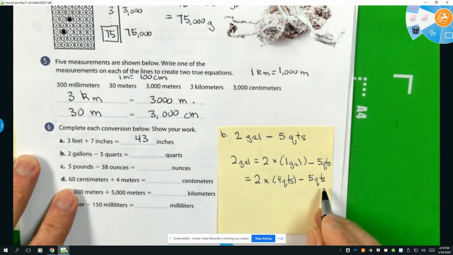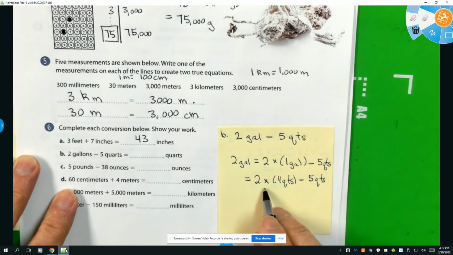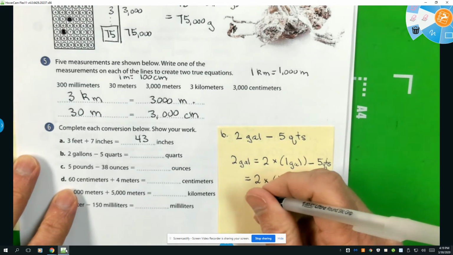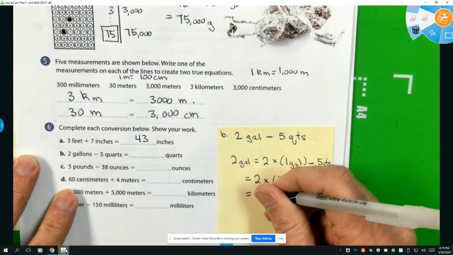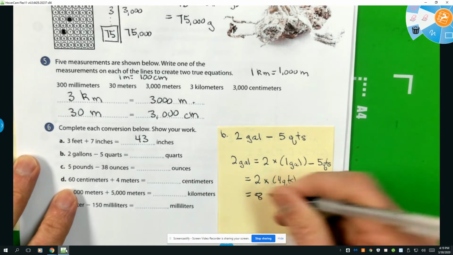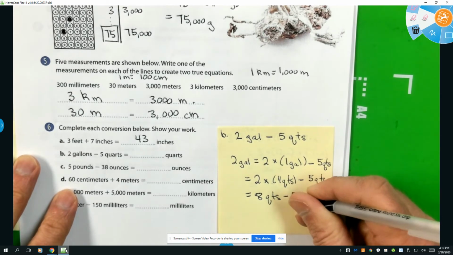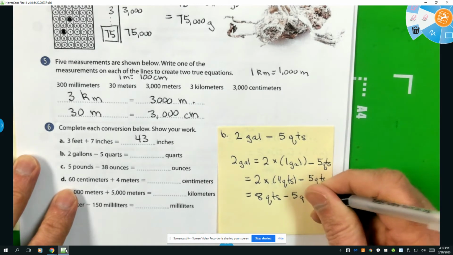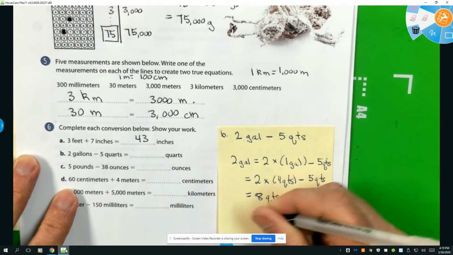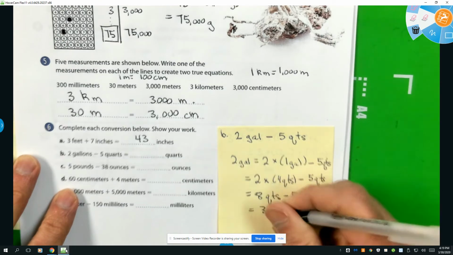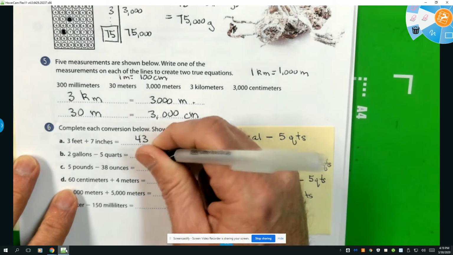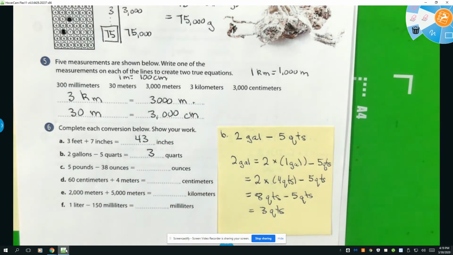Now we've got to follow order of operations here, which means we've got to do the multiplication first. So that's the same as saying 2 times 4 quarts is 8 quarts minus 5 quarts, and that equals 3 quarts. All right, moving on to the next one.